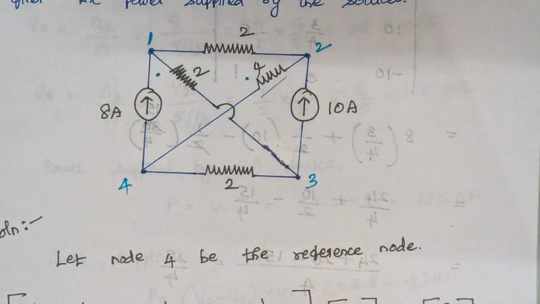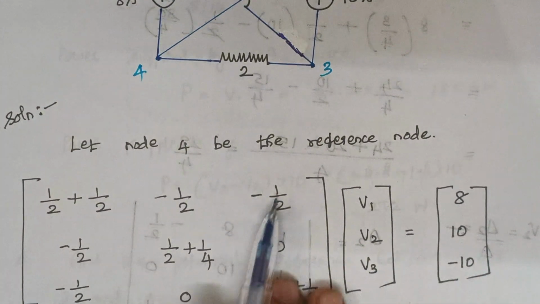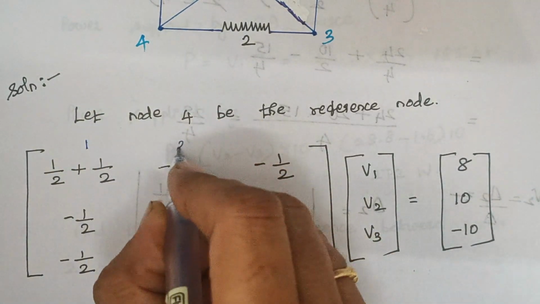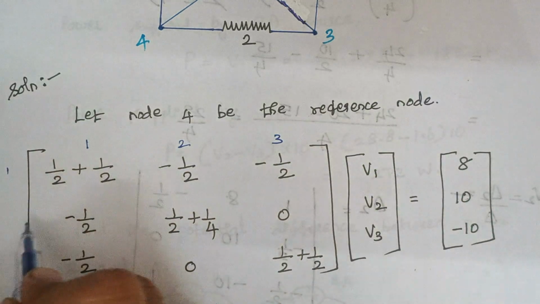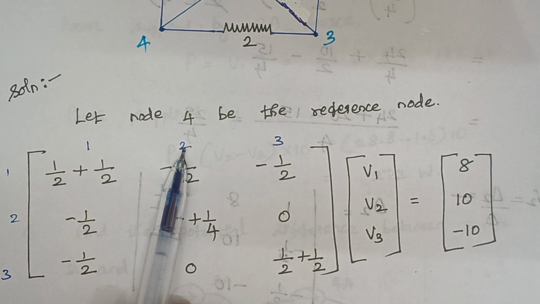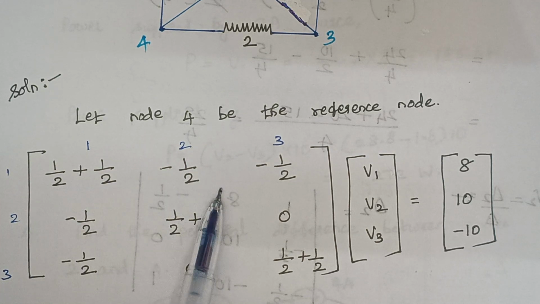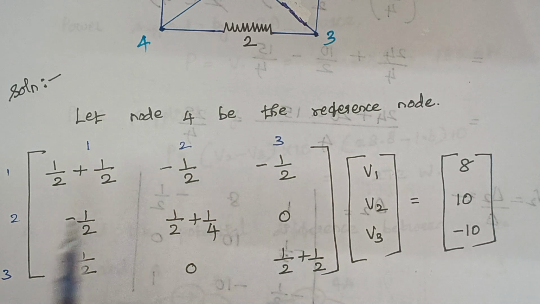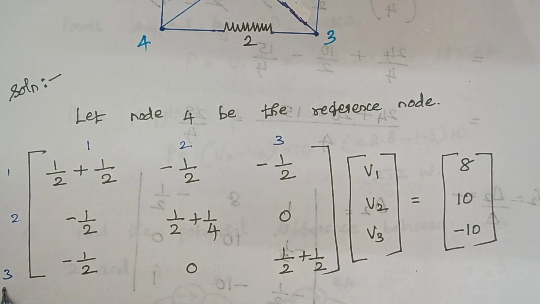So again it is minus 1 by 2 and here also minus 1 by 2. These are all things I believe you people know. The element which is common between node 1 and node 2 is written here, and node 1 and node 3 is written here. Similarly node 2 and node 1, node 3 and node 1.